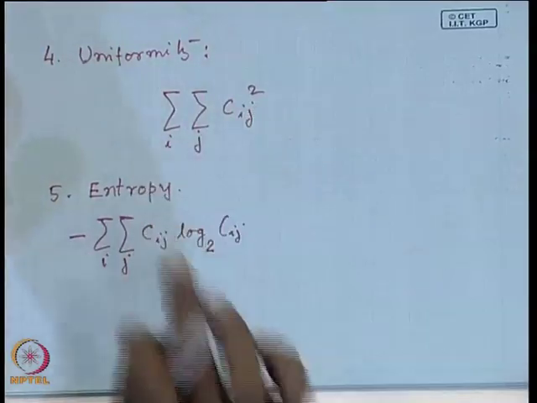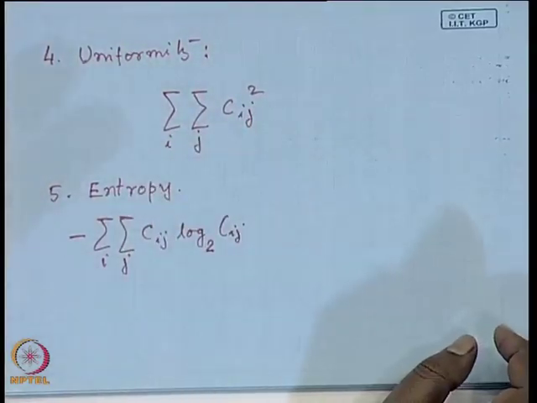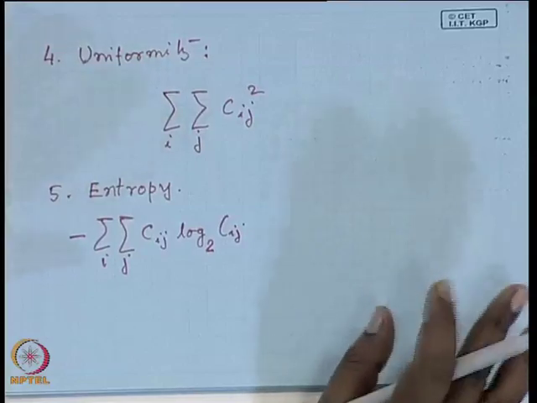Okay. So, these are the different kinds of features we can obtain in the spatial domain by making use of the co-occurrence matrix of the texture. There are various other ways to generate spatial domain features also, but I am not going into details of all of them.